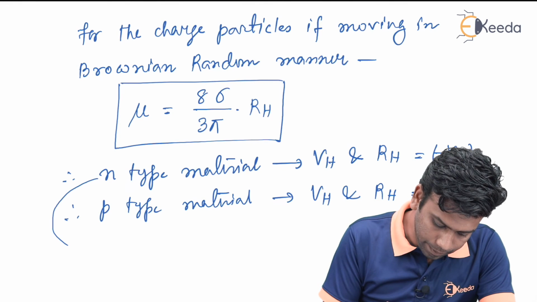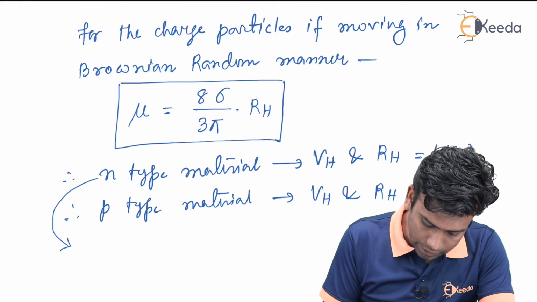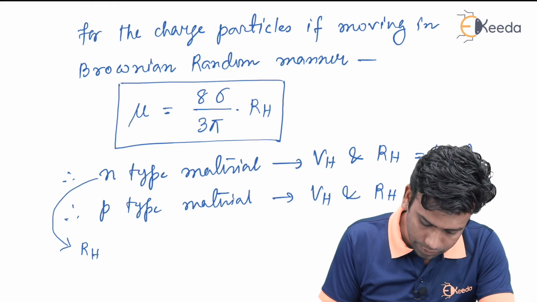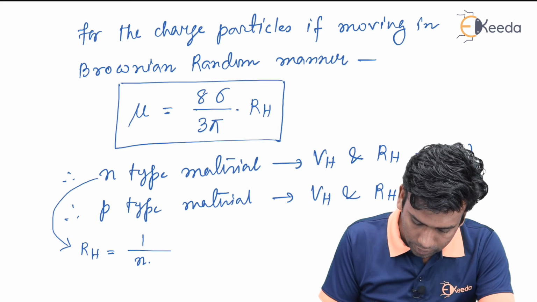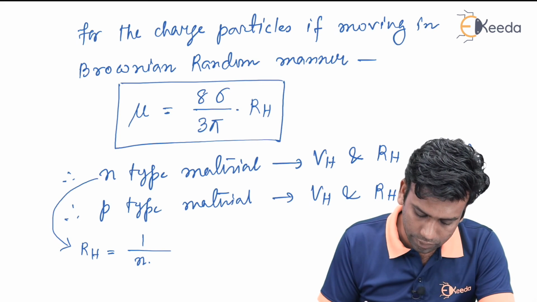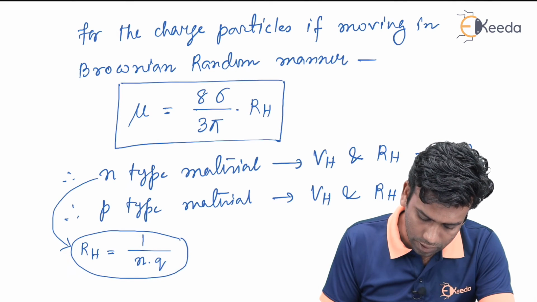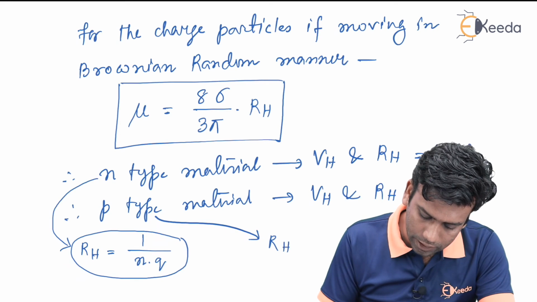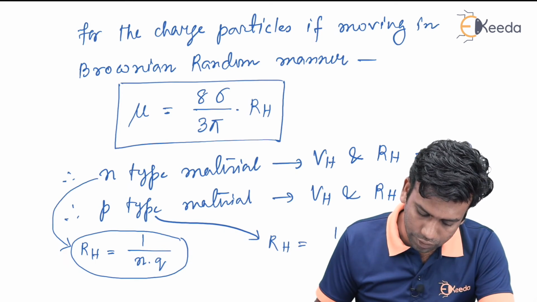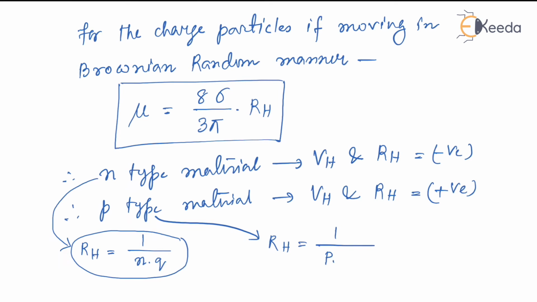For this n-type material, we can write Rh equals 1 by the concentration of electrons, that is n, into the electronic charge. Similarly, for p-type, Rh equals 1 by the concentration of holes inside the material into the electronic charge.